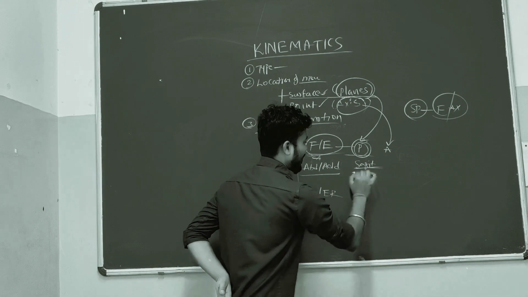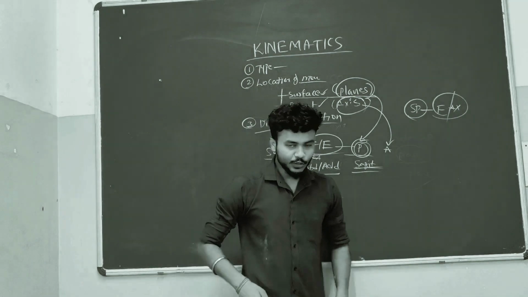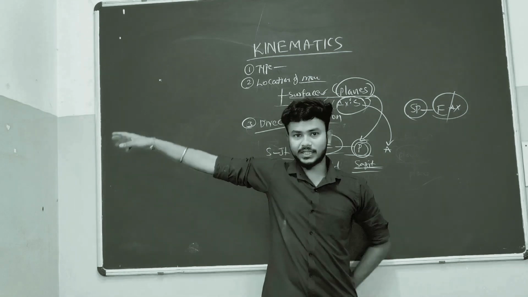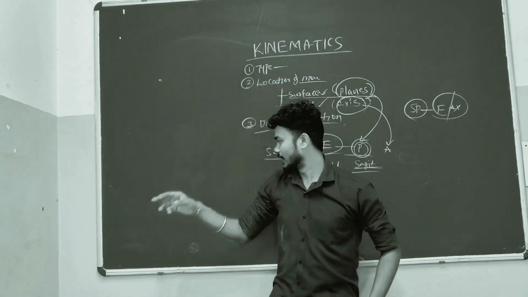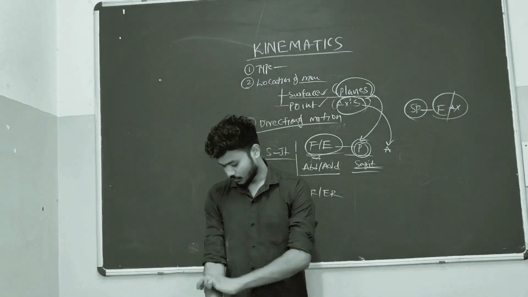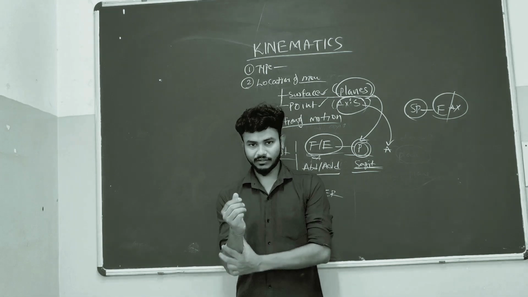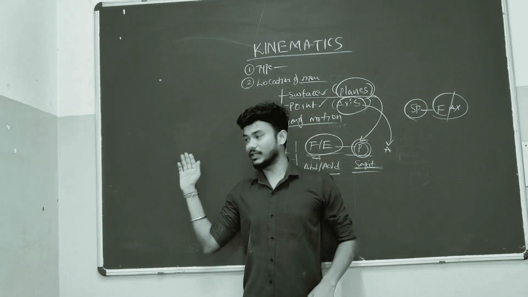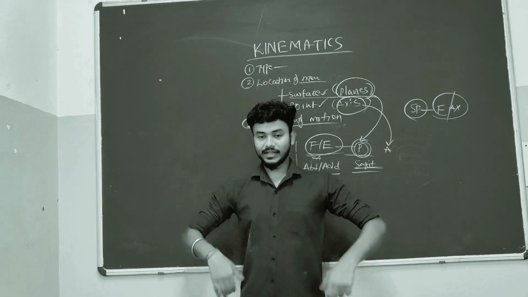Now we will see abduction, adduction. Shoulder joint abduction. See, this is our shoulder joint abduction movement. Here we will take the board as example. So whenever we are doing abduction, see, now imagine this is like a frontal plane. It is going to divide the body into front and back.